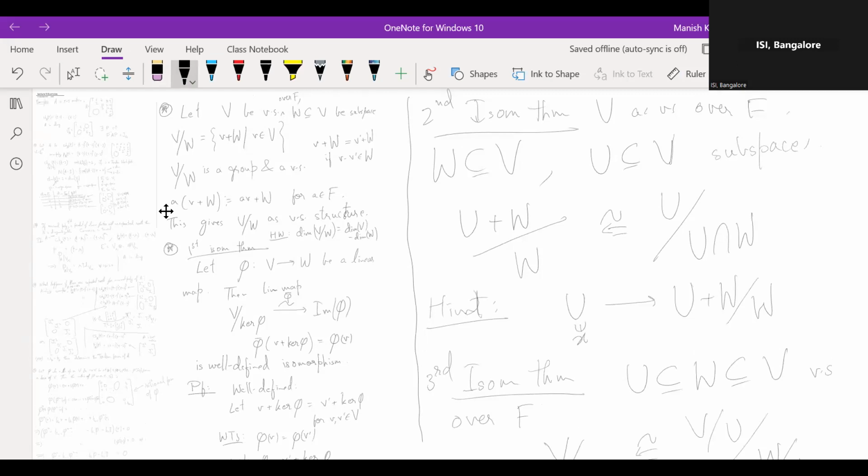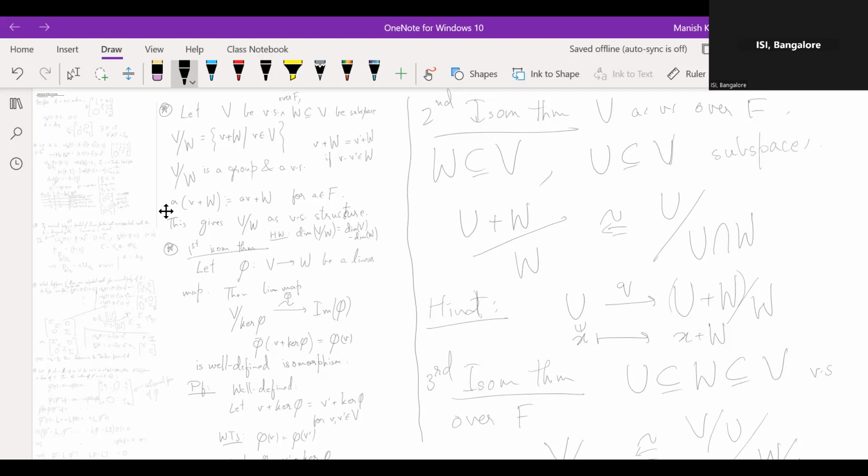You send it to X plus W. Here you don't have to check it's well defined, because I'm defining it in terms of X. It's just the quotient map. Let's call this Q. So the kernel of this map is precisely U intersection W, and the image is the whole thing.